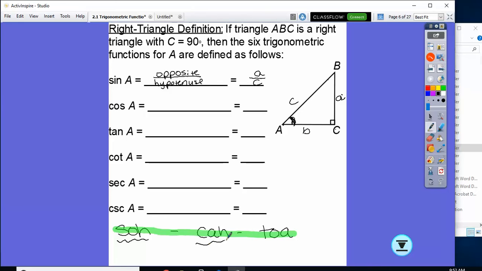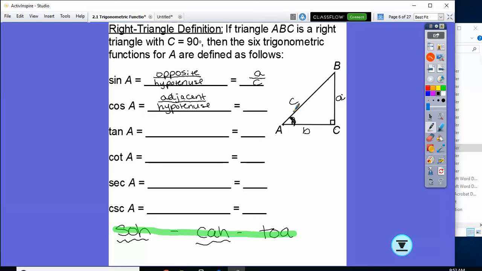Cosine, CAH. Cosine is adjacent over hypotenuse. Adjacent means touching. Now technically there are two sides that touch angle A. The adjacent side is going to be the side that is not the hypotenuse.